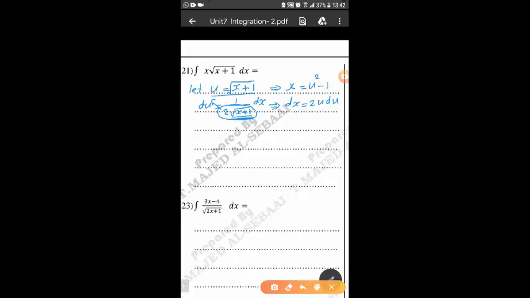Yes. Okay, now my integration is going to be like x is going to be x, not x squared, it's u squared. See this x, I will substitute it by u squared minus 1. And root x plus 1 is u, right? And dx is 2u du. Is that clear?